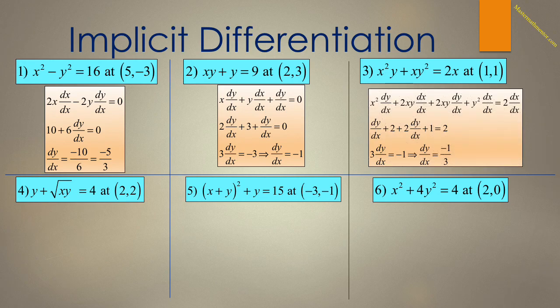Number 3, x squared y plus x y squared equals 2x at the point (1, 1). We have the sum of two expressions which are products.